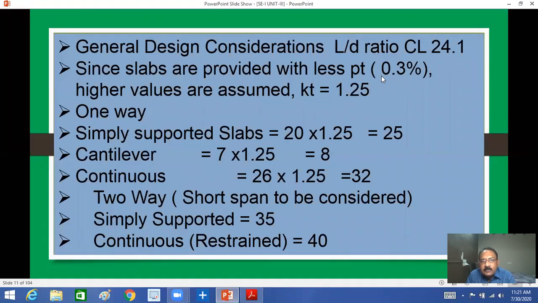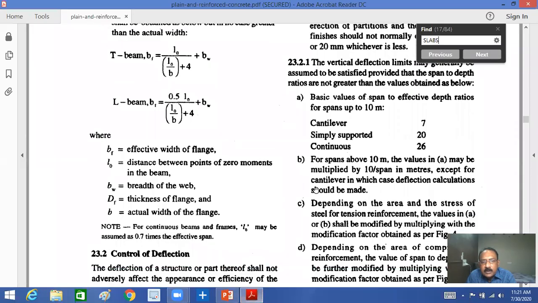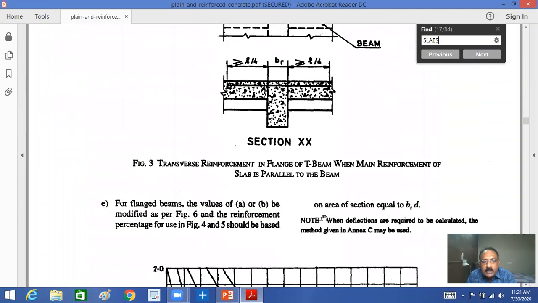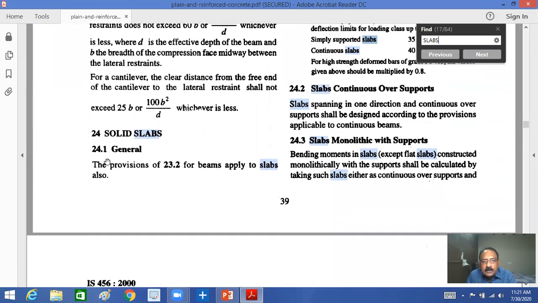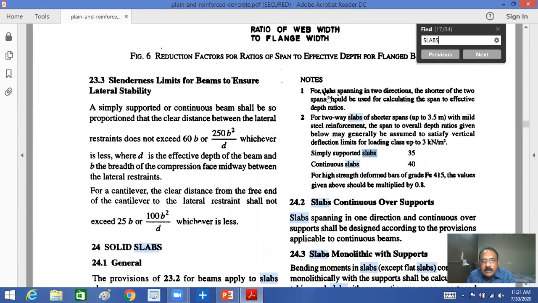For slabs, we have taken this general consideration according to clause 24.1. Note that for slabs spanning in two directions, the shorter of the two spans should be used for calculating the span to effective depth ratios.